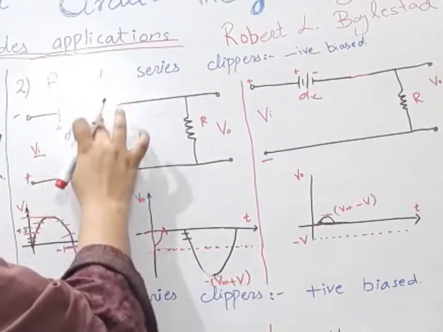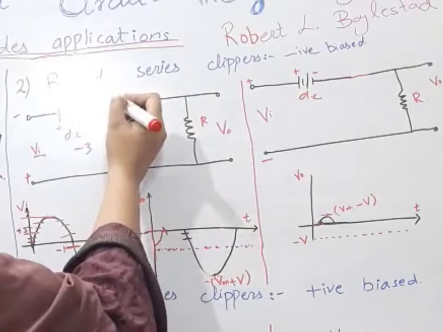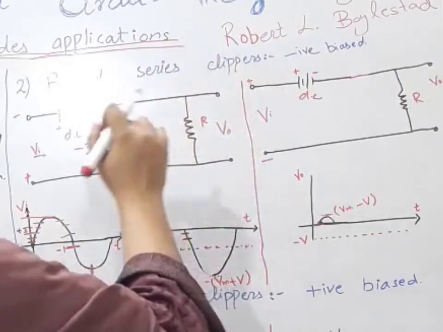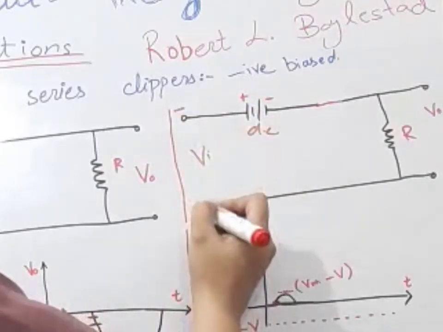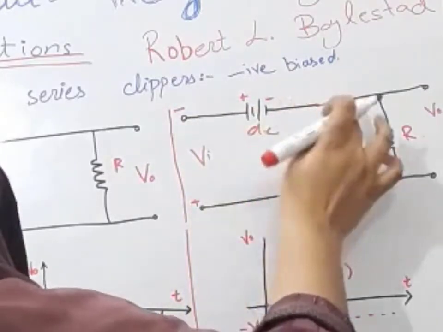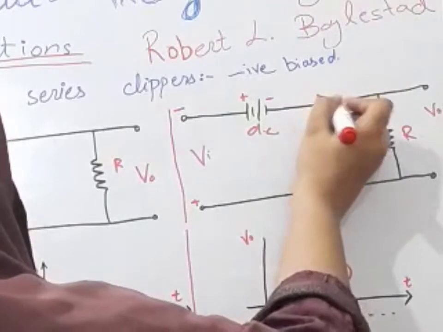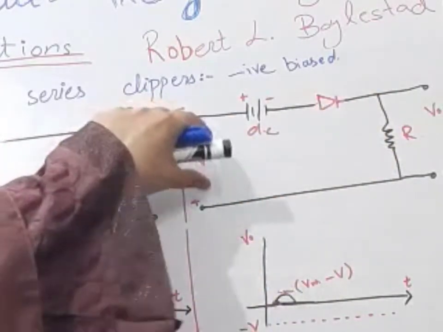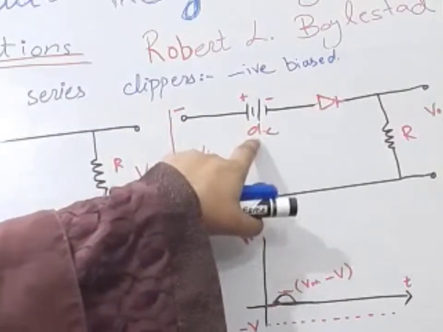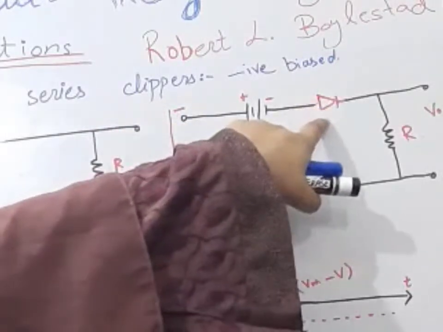So both cases, here will be negative and here will be positive. So both the input waveform and DC battery tried to make it reverse biased.